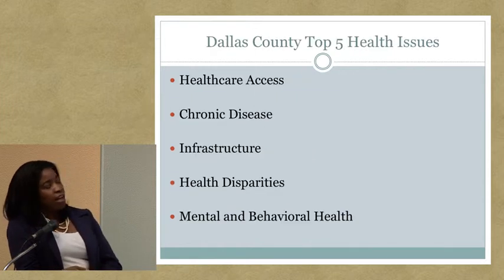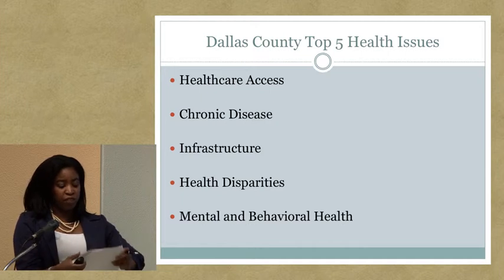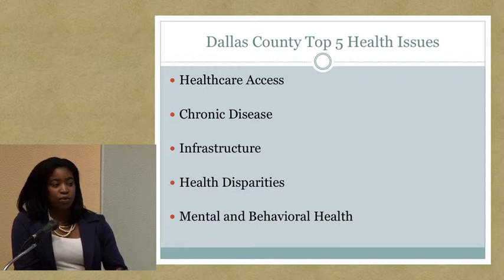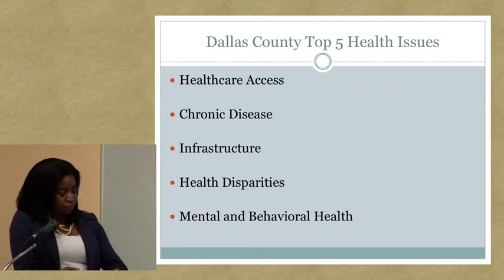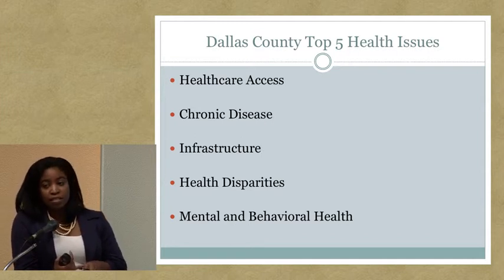Just as an FYI, this is what we came up with in Dallas County, which will probably be different for your county. We found that we were very strong with a lot of good local resources, but our resources didn't all necessarily know what each other were doing. And then, not chronic disease in itself, as I mentioned, we tried to step outside of the box.